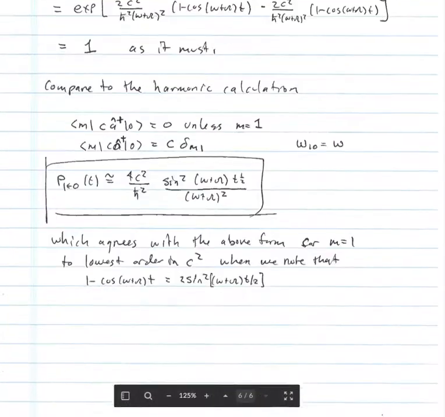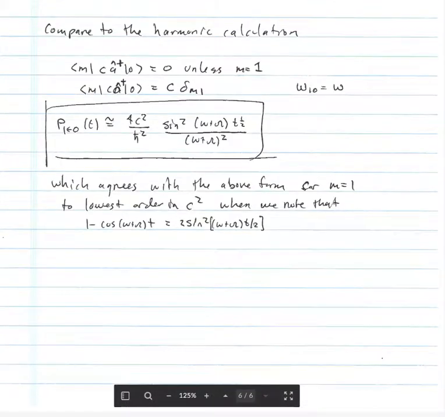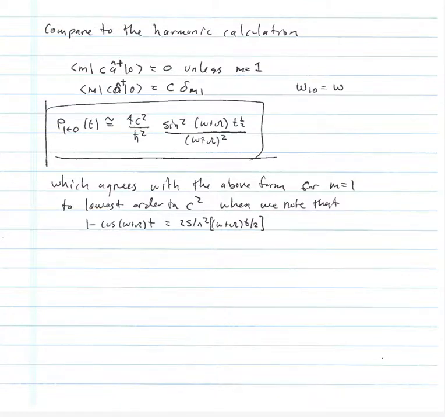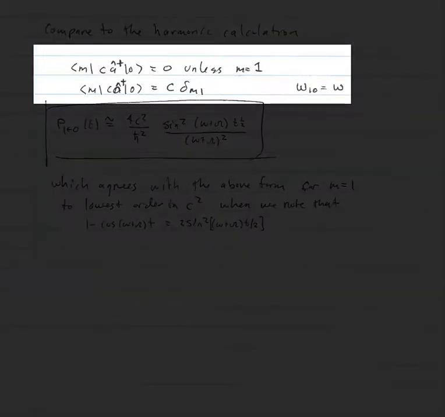All right, let's compare this to the harmonic calculation. In the harmonic calculation, we have to look at the overlap of state m with the harmonic perturbation. There's only one state that's going to have a non-zero overlap because the harmonic perturbation has a single raising operator. And it's going to equal c times delta m1. Now, omega 1,0 is just equal to omega. That's the energy it takes to excite myself from the ground state to the first excited state.